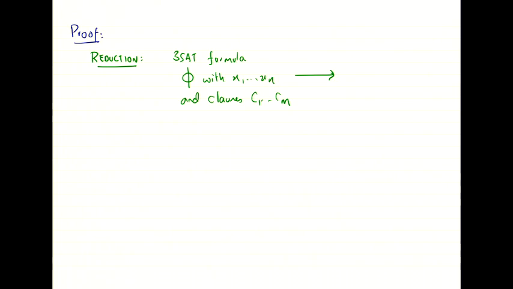So each clause, remember, is of the form, let's just say C1 is, xi or not xj or xk. And you have clauses and you want to satisfy all the clauses. You want to find an assignment satisfying all the clauses. I'll just describe the graph in 2 steps.